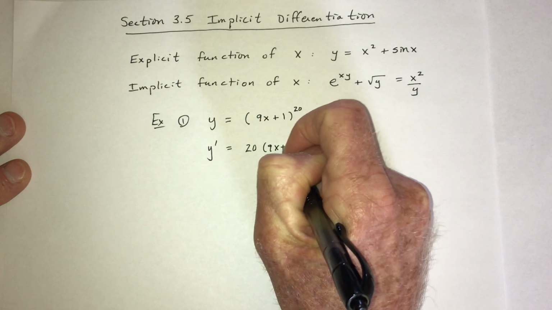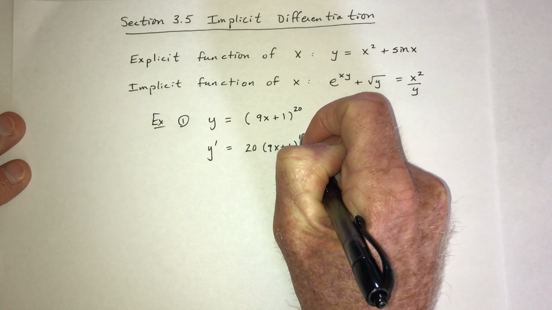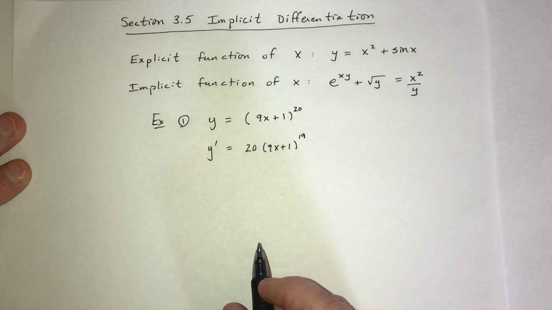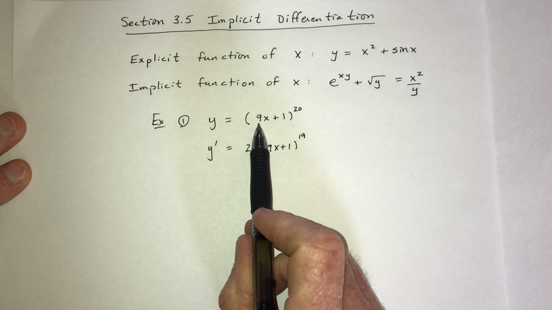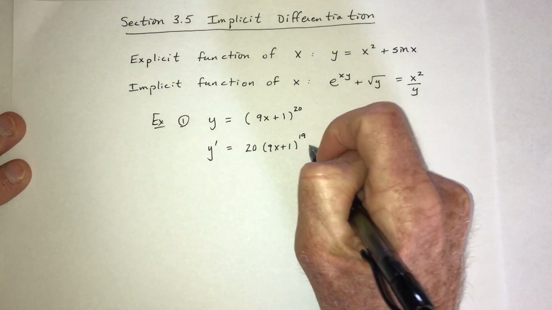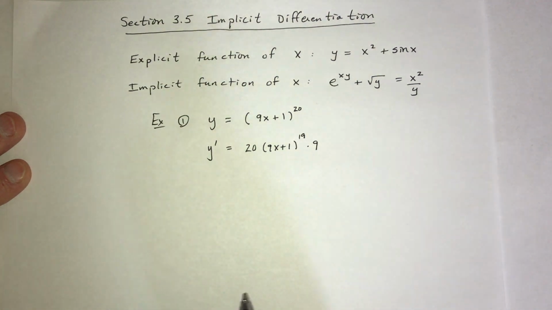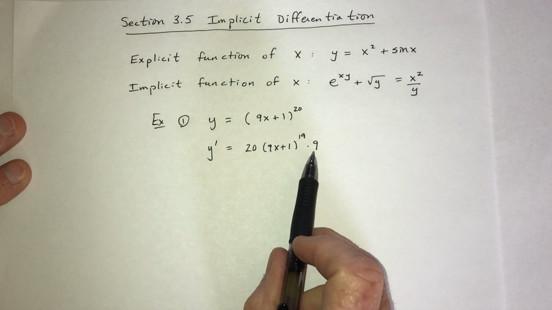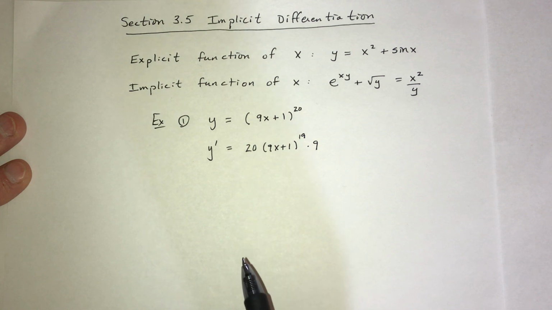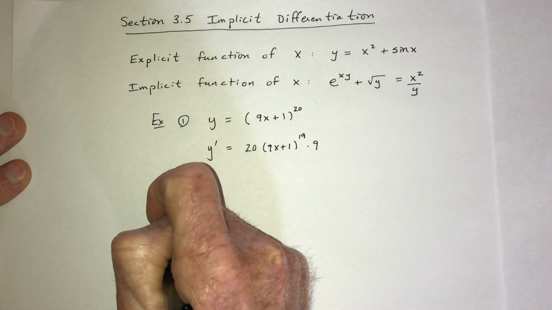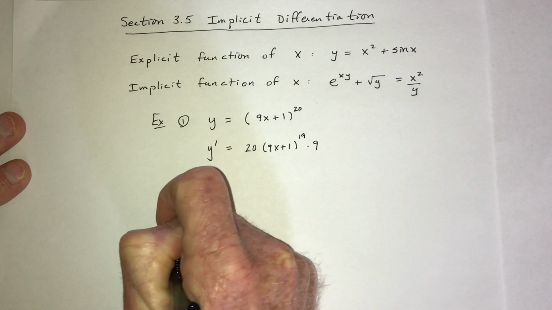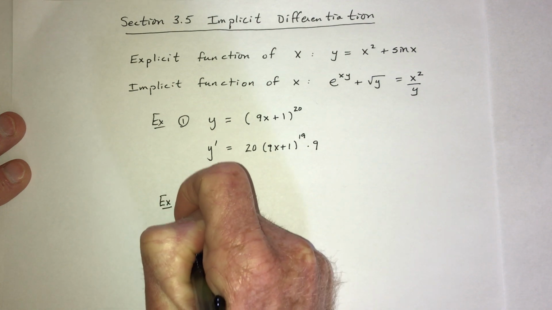Leave the inside part alone, subtract 1 from the exponent, and then do the chain rule. So the derivative of the inside would be a 9, so multiply by 9. And of course you could put the 9 and the 20 together to make 180. But I'm building up to a point, so I'm going to move on to example number 2.